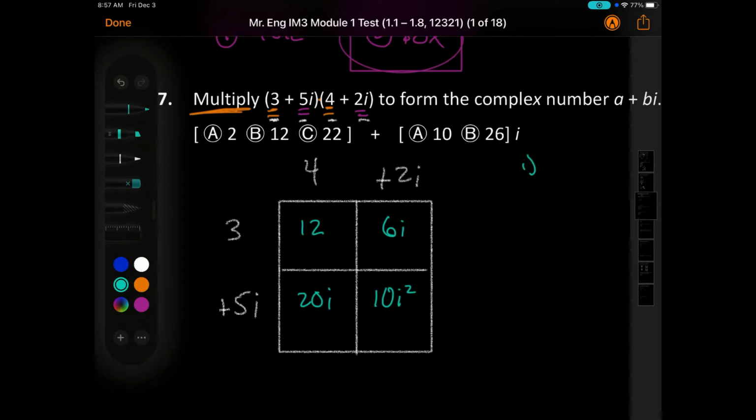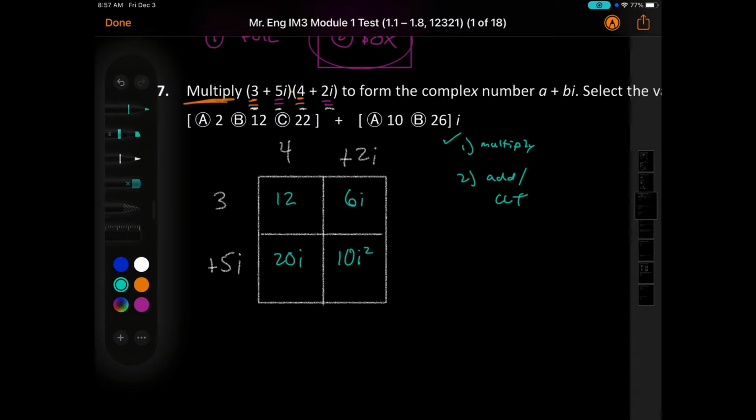So to review, right now we're just multiplying, and then next we're going to add or combine like terms. Okay, we just multiplied. Let's go ahead and now combine like terms. These two both have an i, so I can just add what's in front. So I'm going to get 12 plus 26i plus 10i squared.